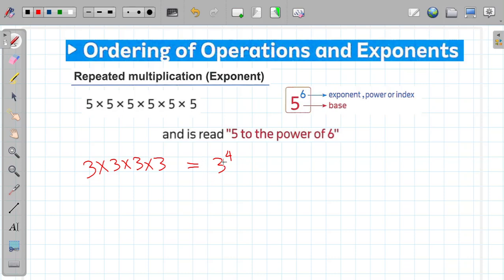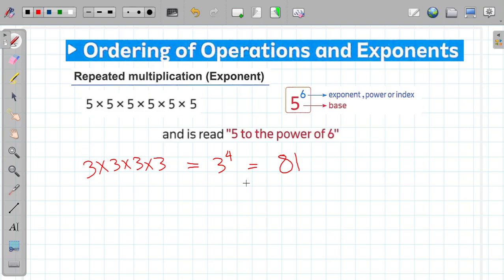So the base here is 3 and the exponent or the power is 4. And that's equal to 3 by 3 equals 9, and 9 by 3 equals 27, and 27 by 3 equals 81. So 3 to the power of 4 equals 81.